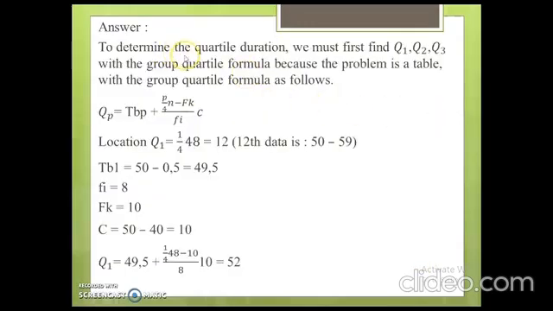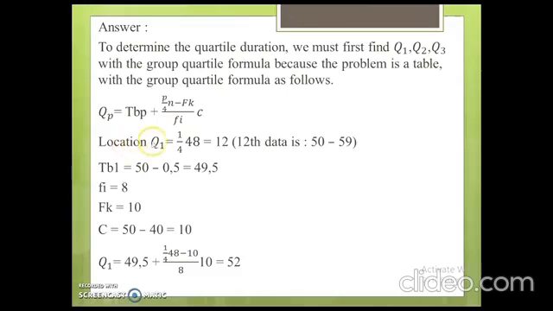Answer: to determine the quartile range, we must first find K1, K2, K3 with the grouped quartile formula, because the problem gives a table. The grouped quartile formula is as follows: P equal to TBP plus P divided by 4 minus Fk divided by Fi.